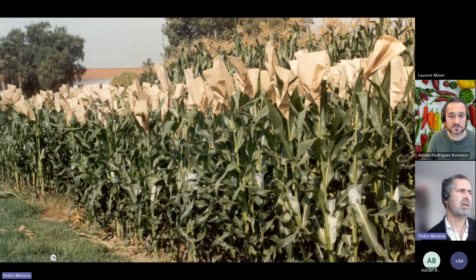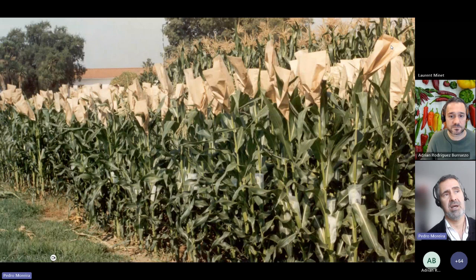This is the field, how it behaves during the pollination. It's important sometimes, the physiology and other studies could help us very much.